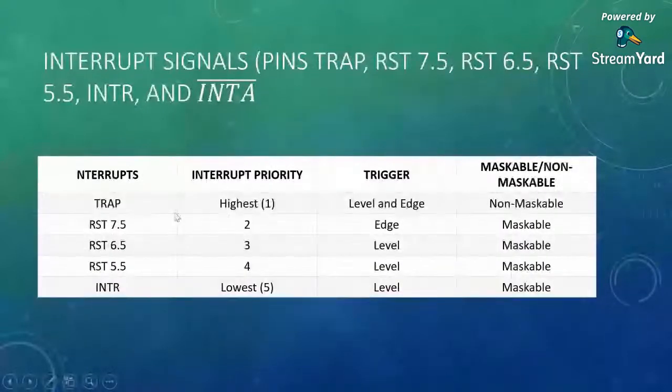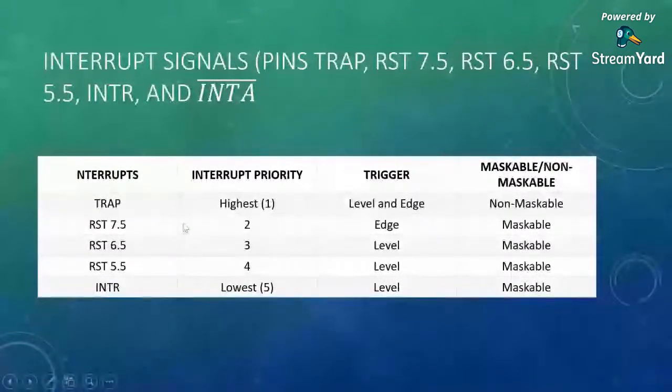So this is the table. This is the highest priority. It is trap. The trigger is signal level and edge. This is non-maskable because it cannot be controlled via programming. It is controlled using a hardware signal.